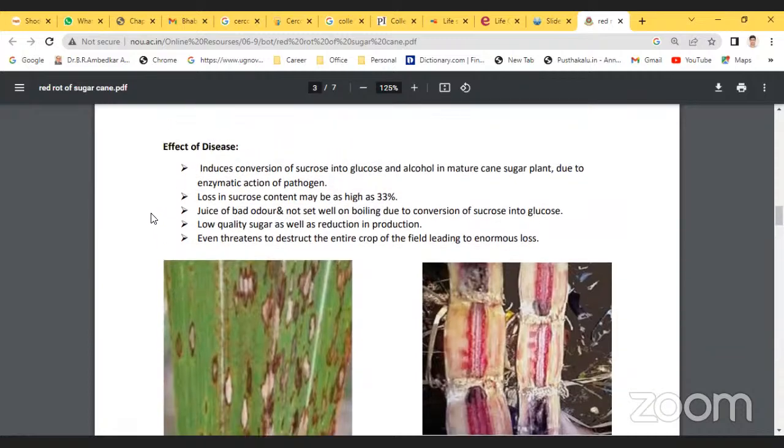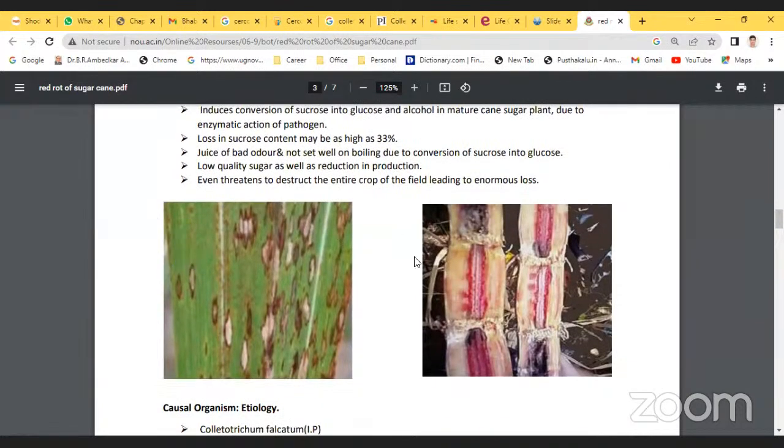The people buying the sugarcane estimate the quality and the production of sugar, and they pay a good rate only for healthy sugarcane. If they observe spots on the surface of the sugarcane and the leaves, they do not buy, or they spend much less. So there is low quality sugar and reduced production. It even threatens to disrupt the entire crop of the field, leading to enormous loss.